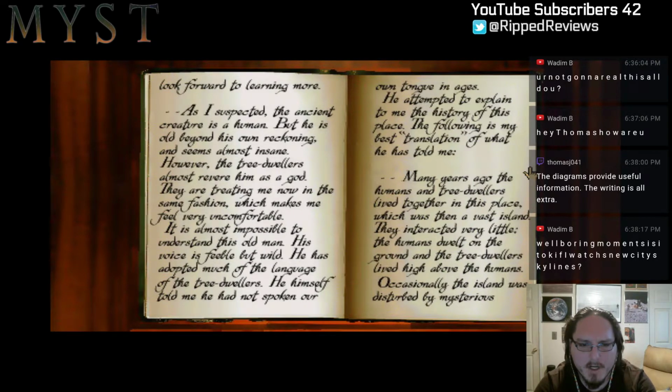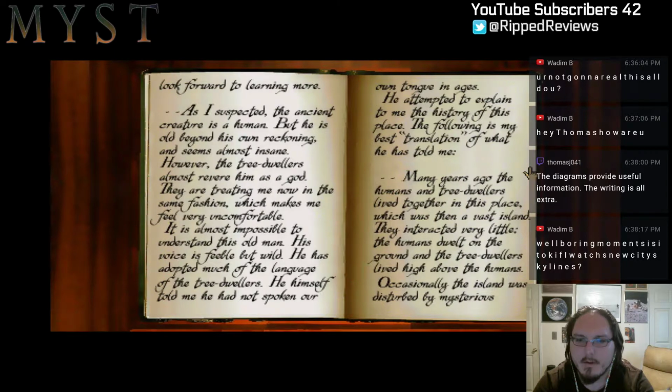It is almost impossible to understand this old man. His voice is feeble but wild. He has adopted much of the language of the tree dwellers. He himself told me he had not spoken our own tongue in ages. He attempted to explain to me the history of this place. The following is my best translation of what he has told me.